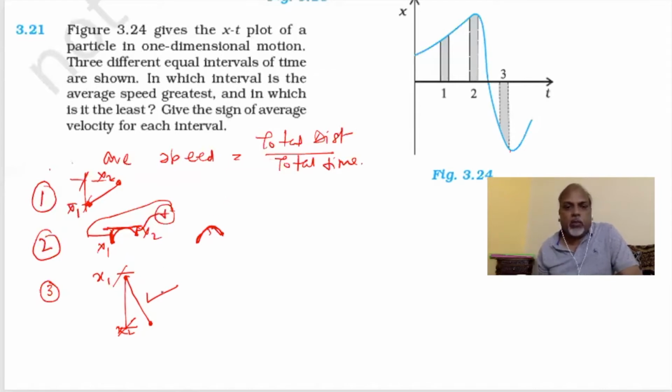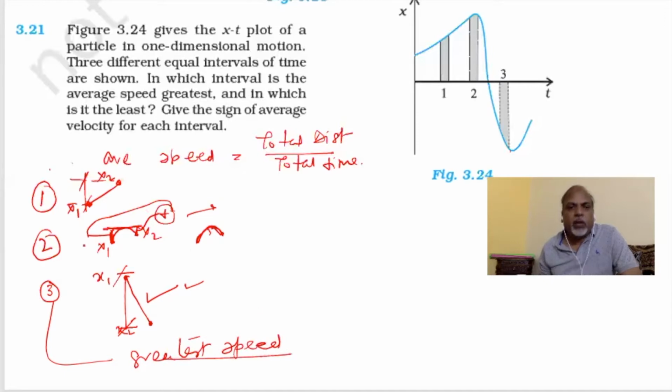This is more, or you can say this is the greatest distance, and this distance seems to be the least. So that means here it will have the greatest speed and this will have the least.